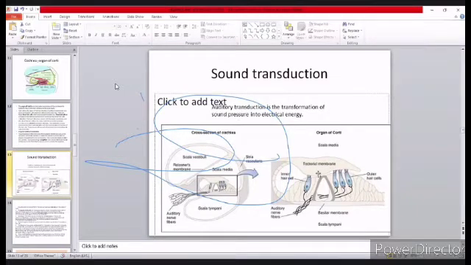And these ion channels, as the sound, as I'm talking, causes the basilar membrane to vibrate, the basilar membrane vibrates and causes the cilia to brush on the tectorial membrane. When these cilia are brushing, the ion-gated channels will open.